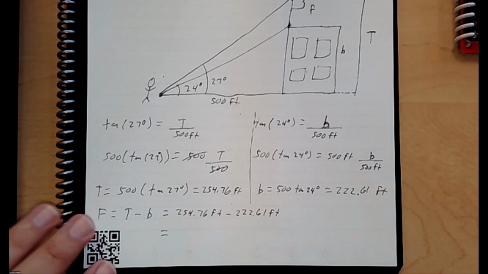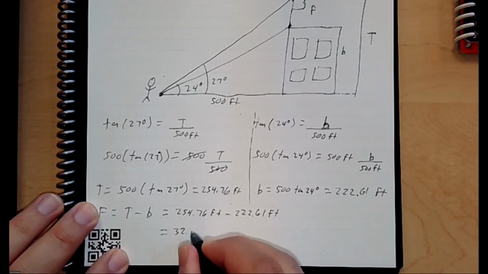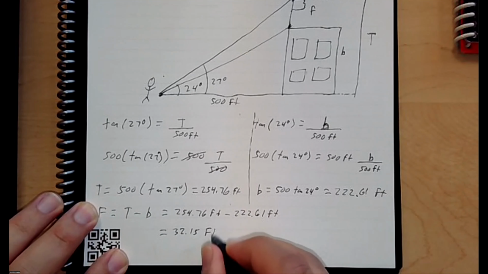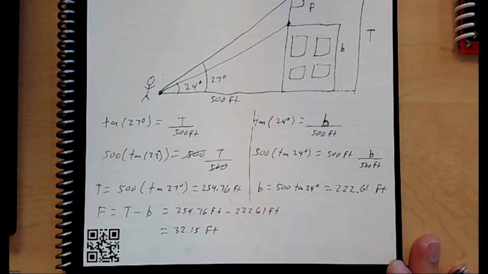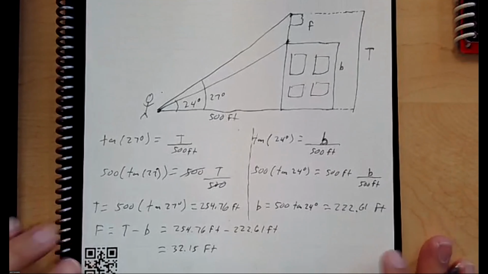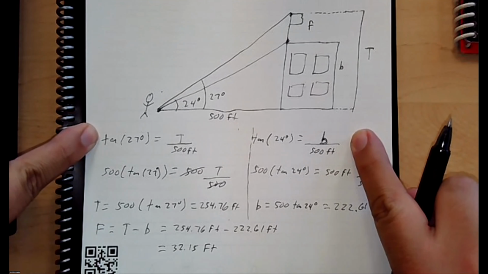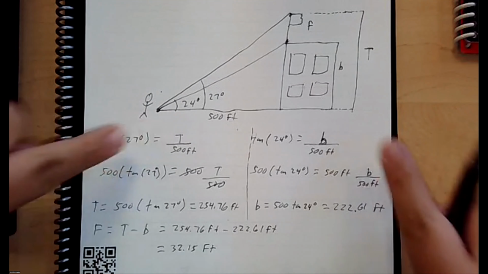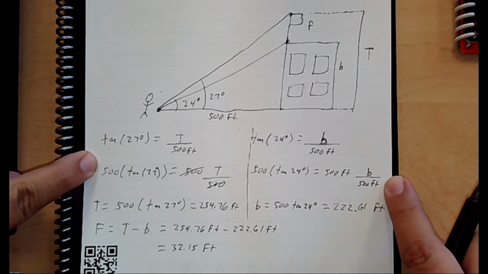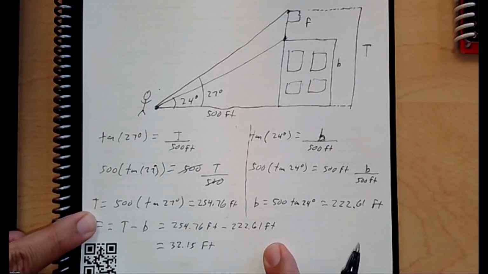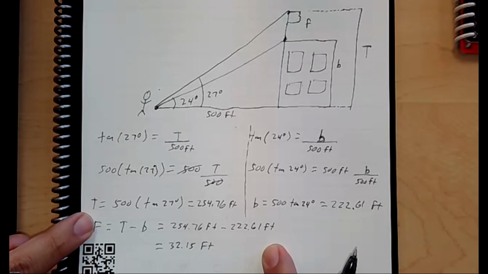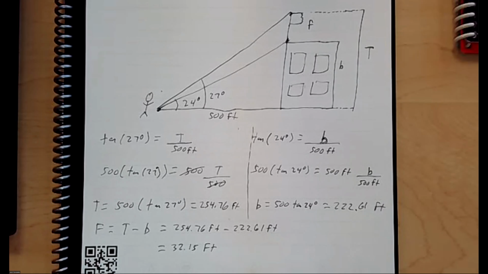What'd you get? 32.15. Cool. So there it is. Height of the flag. Do you understand how we or why we set it up this way, where this came from? Is the algebra cool? Do you see why we subtracted? Let me know.